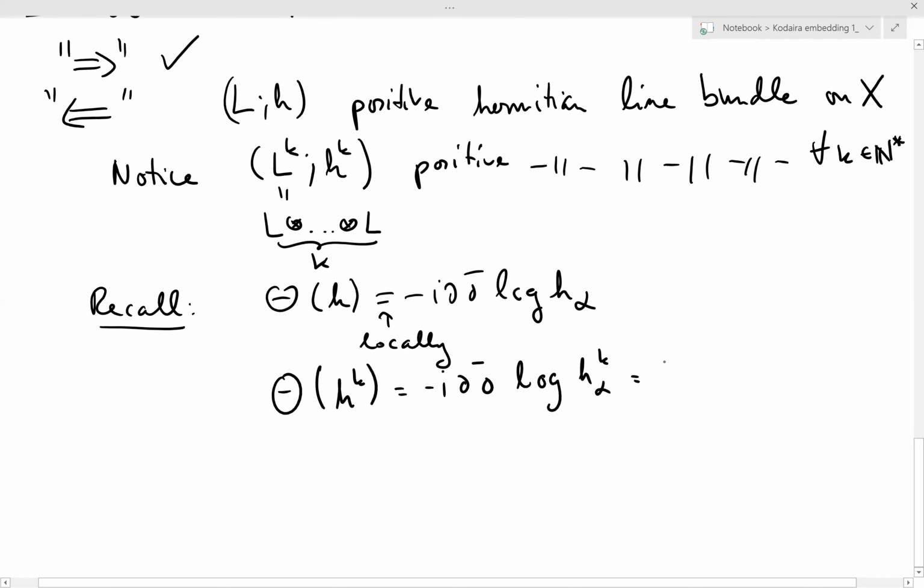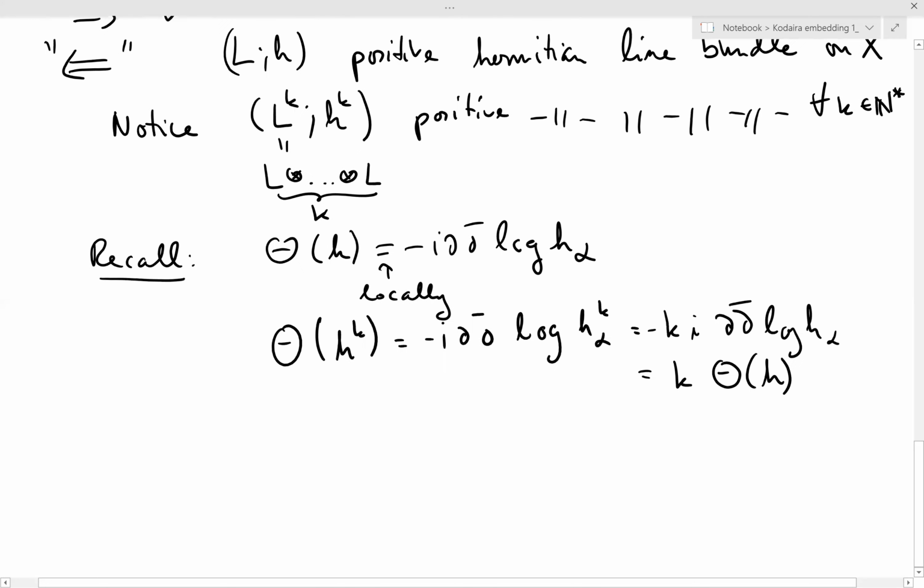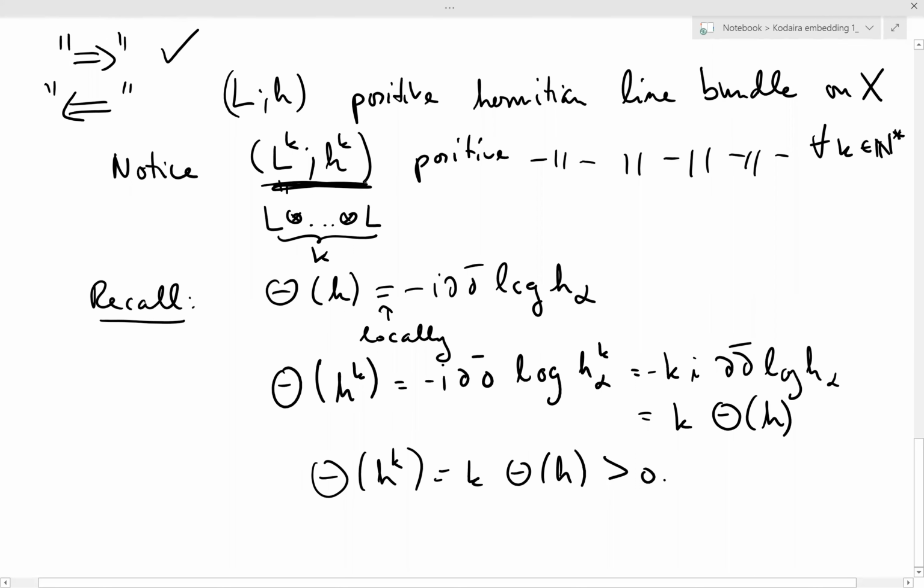But obviously the logarithm spits out the k, so it's negative k times i del del bar of log of h alpha. So this is nothing but k times theta h in a trivialization, but obviously this is true over all the trivializations. So you get this formula that curvature of h to the power k is k times curvature of h, which is positive definite. So in particular, what I said here holds true: any tensor power with the corresponding Hermitian metric is also going to be positive.